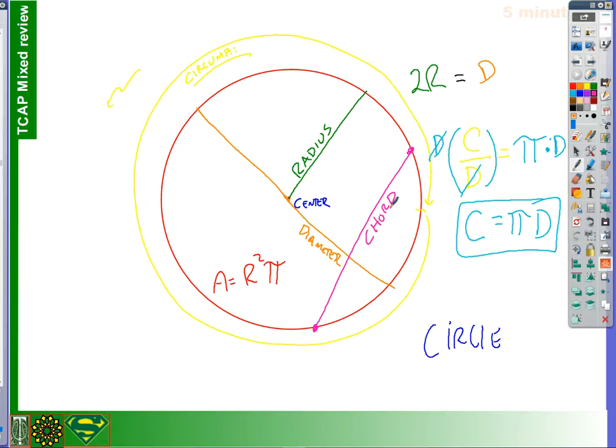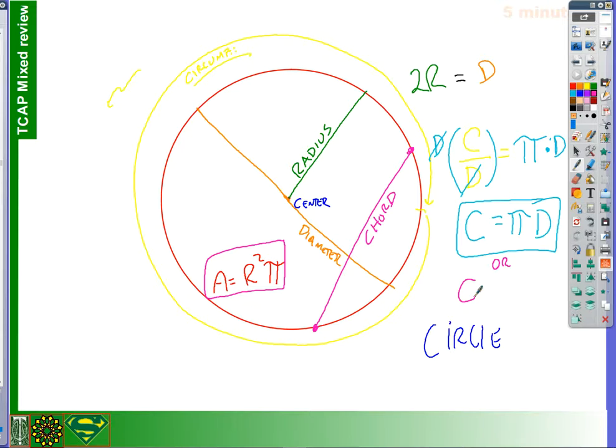So the two things that you have to get out of this is area is equal to pi r squared. That has to be something you memorize. You also have to remember that circumference is equal to pi times the diameter. But there's another way to write this. How many radiuses are in a diameter? 2.